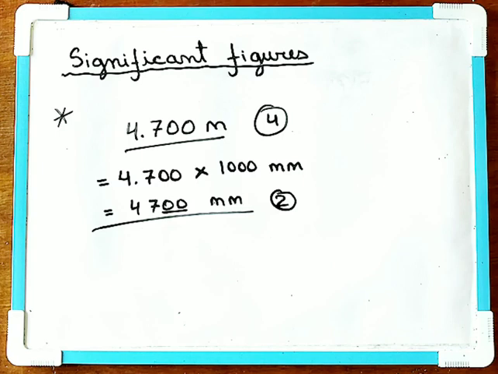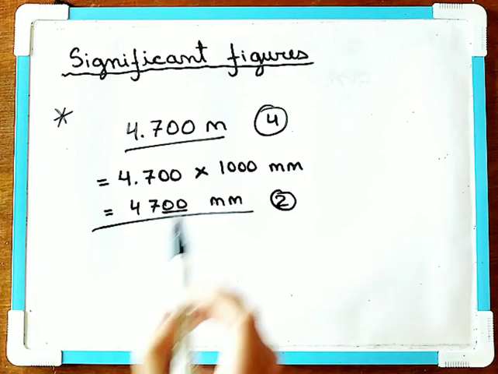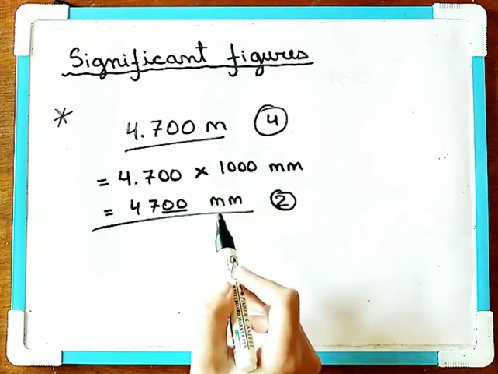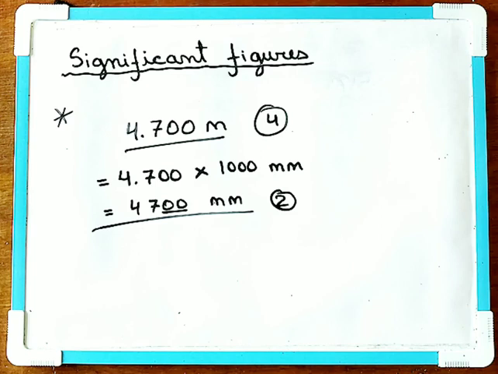But we have one rule: if we convert the unit from one system to another system, the number of significant figures should not change. Remember that a change of different units does not change the number of significant figures in the measurement.